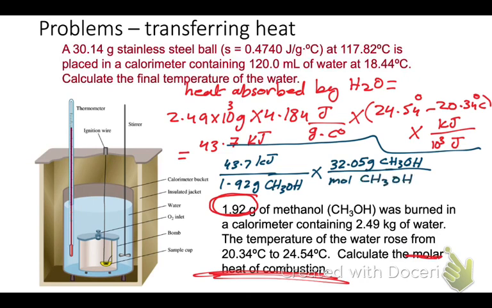So what I ended up having here, I canceled the grams of methanol, and now I'm going to have heat per mole. So all I have to do right now is to divide the 43.7 by 1.92 and multiply that by 32.05, and that will be 730 kilojoules per mole. That is the molar heat of combustion.